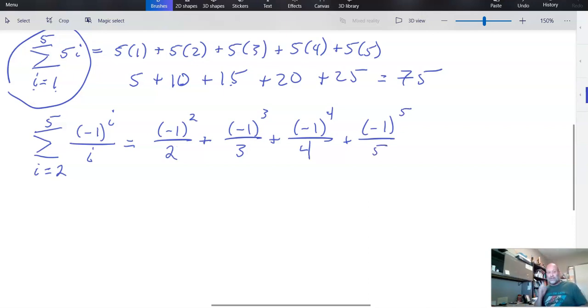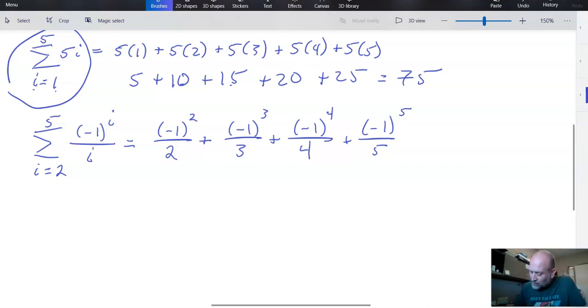Now, this is actually kind of interesting because that numerator, when you're raising -1 to different powers, -1 squared is +1. But -1 cubed is -1. -1 to the 4th is +1, but -1 to the 5th power is -1.